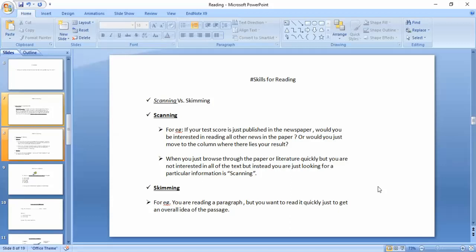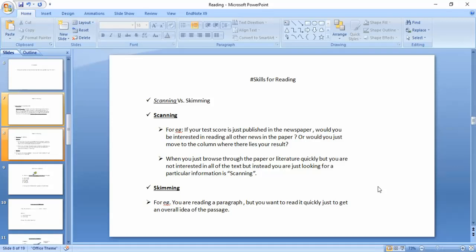Of course, you'll just be looking at your name and scores. When you browse through the paper or literature quickly, not interested in all of the text but just looking for particular information, it is called what?